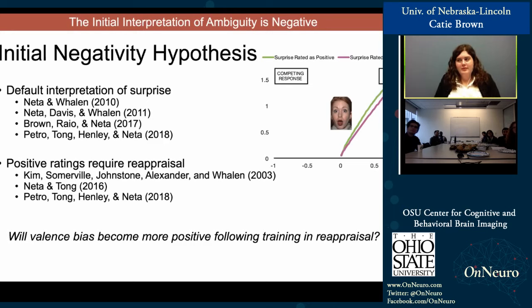People who can reappraise are better able to recruit their prefrontal cortex and have a stronger inverse relationship, so that their amygdala activity will dip. This recent paper by a postdoc, former lab managers, and Tal shows that those with a negative bias with regards to their rating show brain activity that's similar to maintaining negativity during the maintain versus reappraise task.